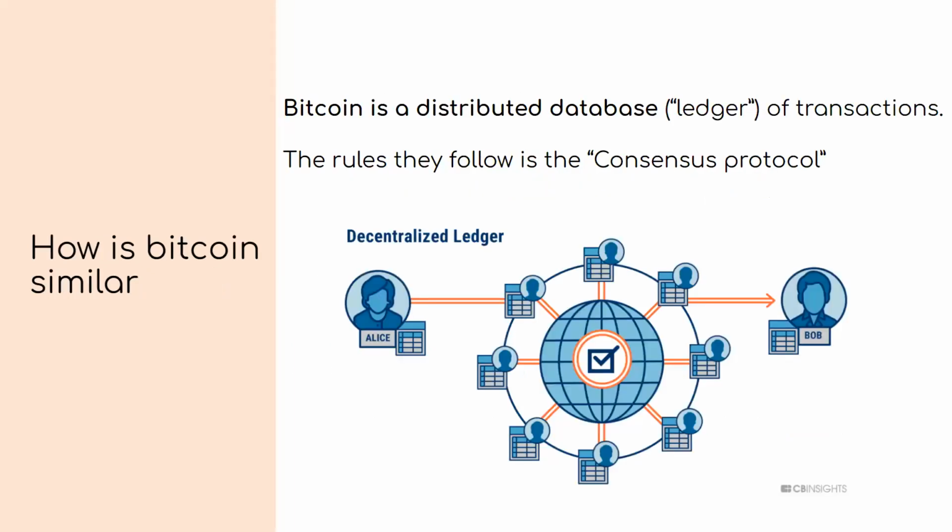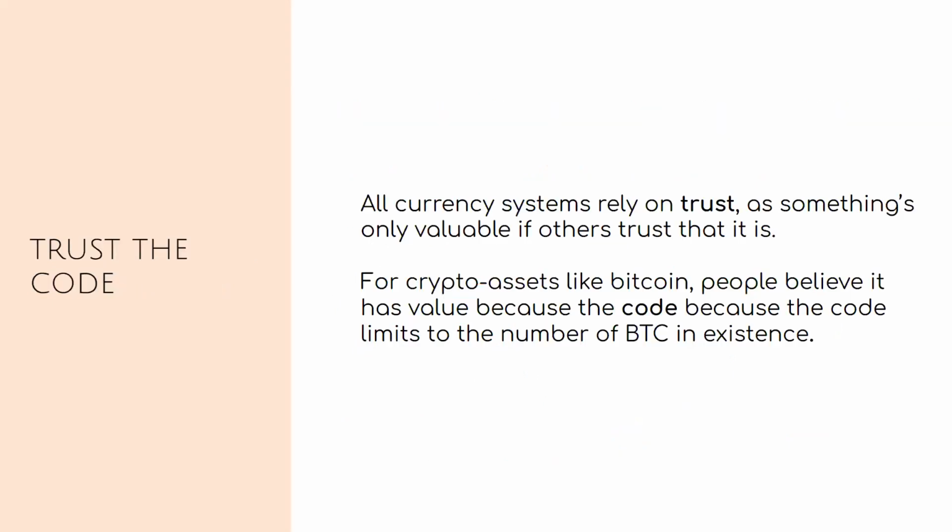Essentially, it's a decentralized ledger, a ledger where everyone has a copy and they follow rules, which we call a consensus protocol. And the main thing about currency is it relies on trust, because every valuable thing in this world is based on trust.